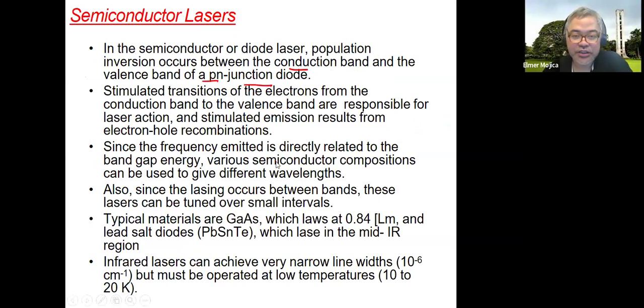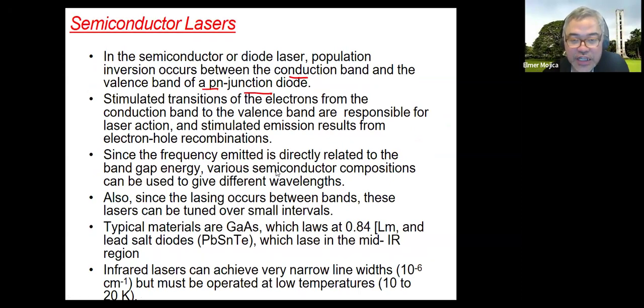Okay, so in a semiconductor laser, the stimulated transition of the electrons from the conduction band to the valence band is responsible for the laser action, and stimulated emission results from the electron-hole combination.